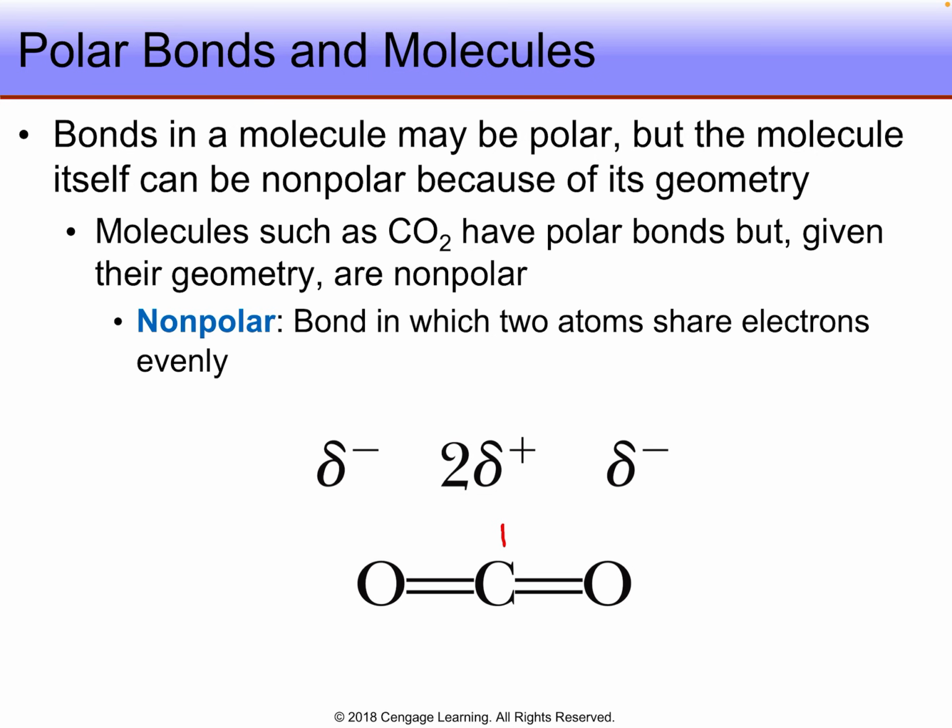But in this case, the dipole will go along the carbon-oxygen bond, and because we have the same magnitude of polarity in either direction, and they are opposite, those dipoles sum to 0. So anytime a dipole moment sums to 0, you have a nonpolar molecule, even though it contains polar bonds.